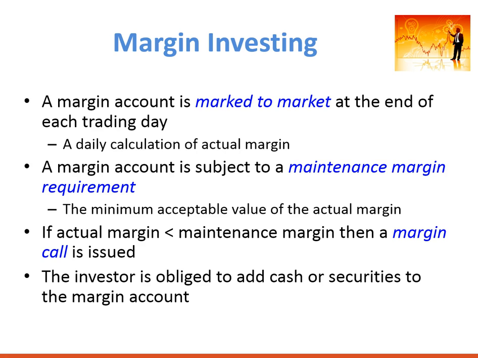And the broker will stipulate that if that margin falls below a pre-stipulated value, known as the maintenance margin, then a margin call will be issued, whereby the investor will be required to top up that account with their own funds. That again is in order to protect the broker's own interests. So it's a way that they're constantly checking on their loan and making sure that the loan does not go near default.